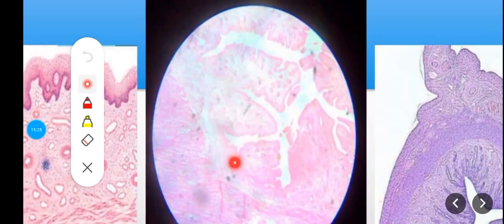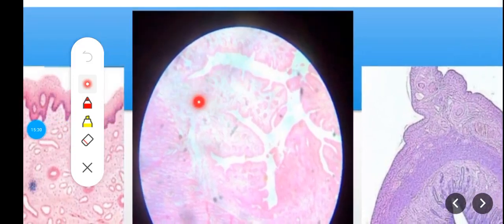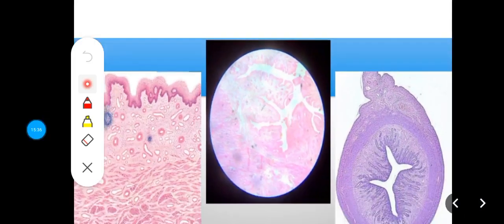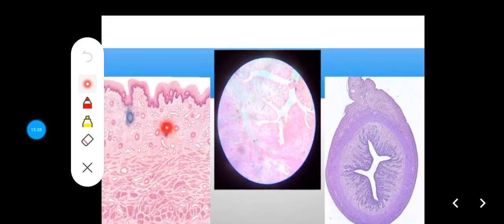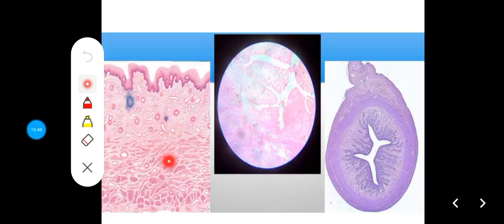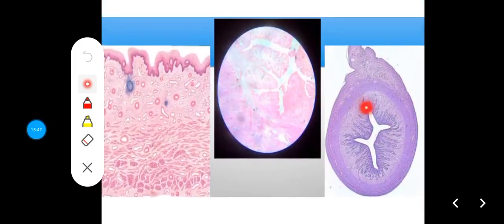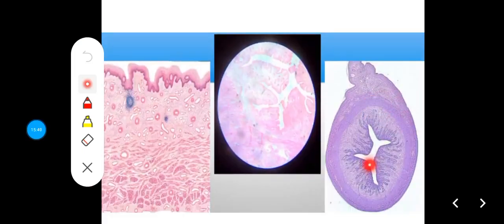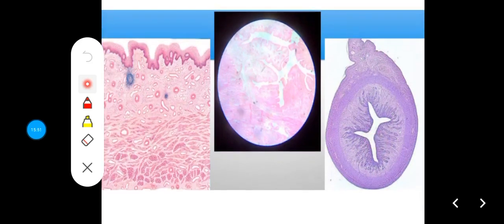Notice that if you zoom in, these circular spaces within the endometrium represent the glands. So this is not meant to be here. Actually, this is not the slide of the uterus. So appreciate the basic features of the uterus. So that's it for the uterus.